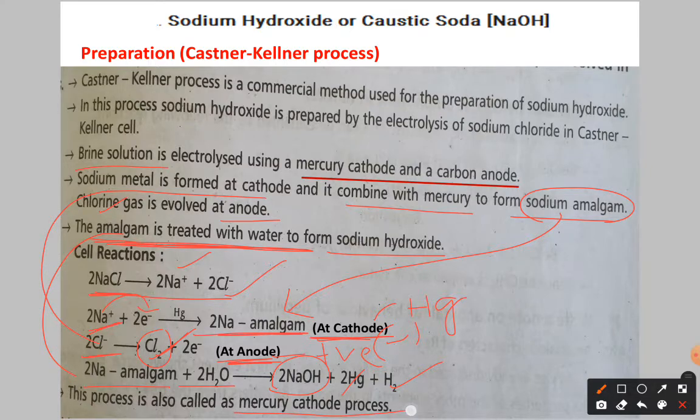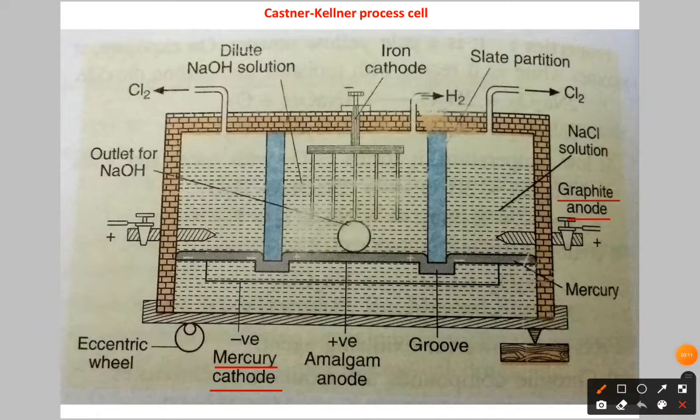This process has another name: the mercury cathode process. Why? Because we use mercury as the cathode. Here is an image for the sake of understanding only. It is not in the textbook, but for information, you can see the mercury cathode and the graphite anode.